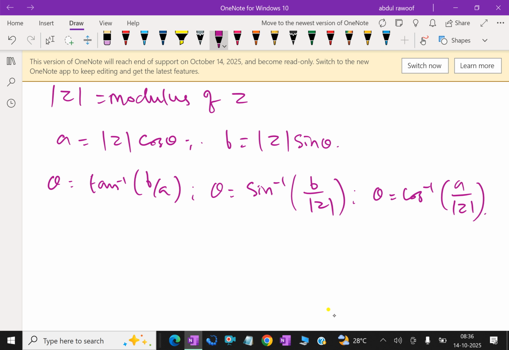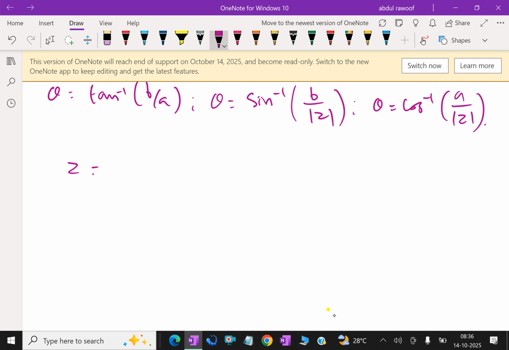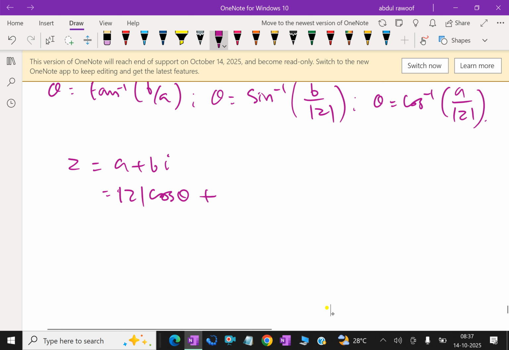Now consider z equal a plus bi, a complex number. Now we can write this as a is already modulus of z cos theta plus b, and modulus of z i sin theta.